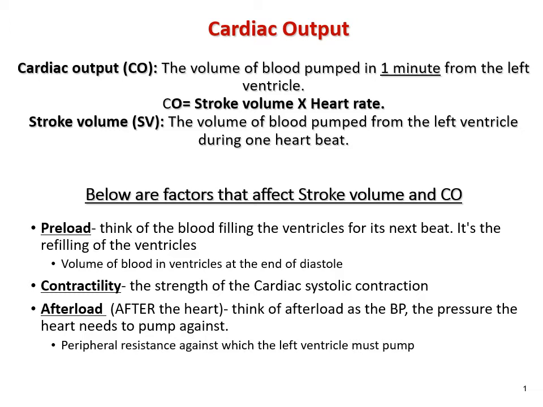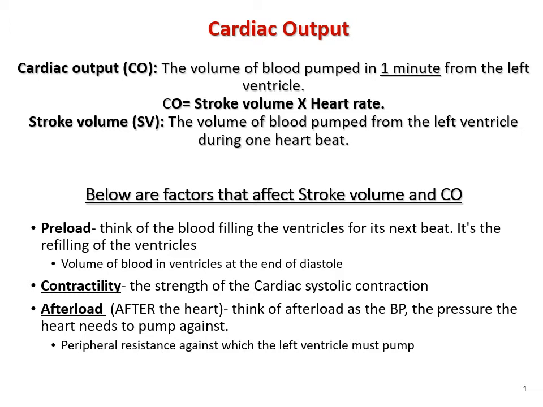So let's start with these concepts below. So preload. The preload is basically how much blood did the ventricle get filled with that's now going to be pumped out for the next beat. How much was it loaded with from the atrium? It's just the filling of the ventricle at the end of diastole.